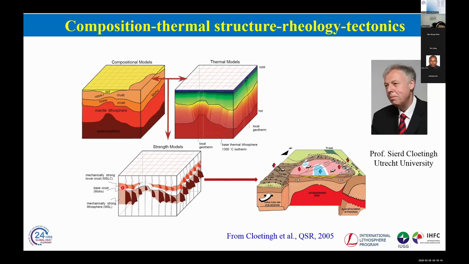The brown color is the mechanically strong lower crust. After that we can talk about the deformation, which means how the continent deforms under force, constrained by the rheology of the lithosphere. So this is the basic workflow for the research.